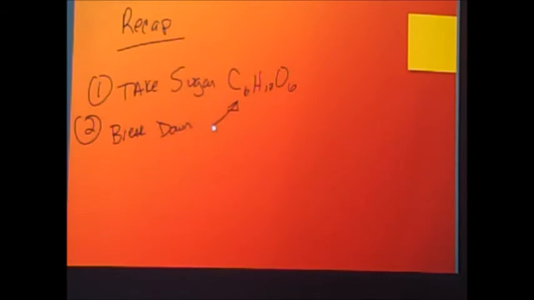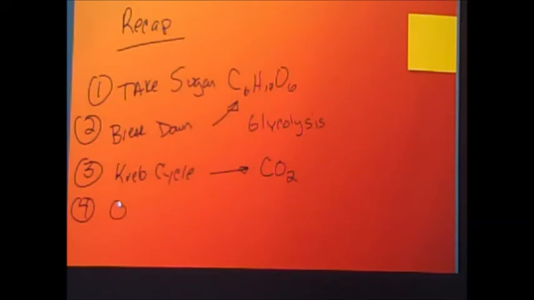It's called glycolysis. After we break that sugar down, the next thing that happens is the Krebs cycle. And this is where CO2 is removed from the body. Then, the next step, oxygen is brought into the body.